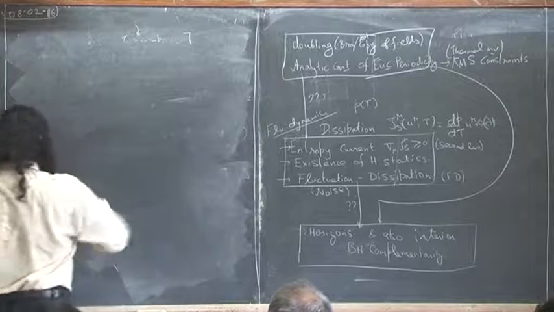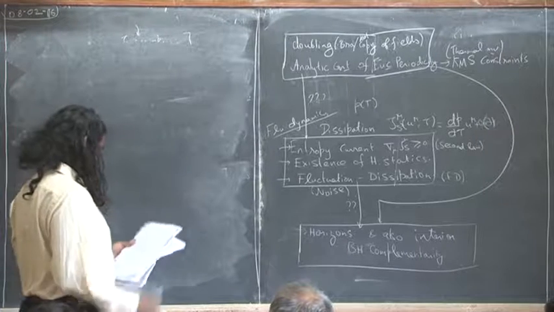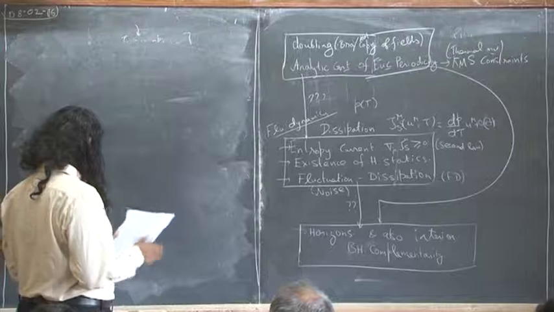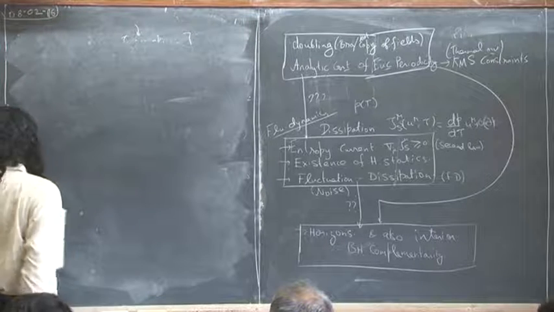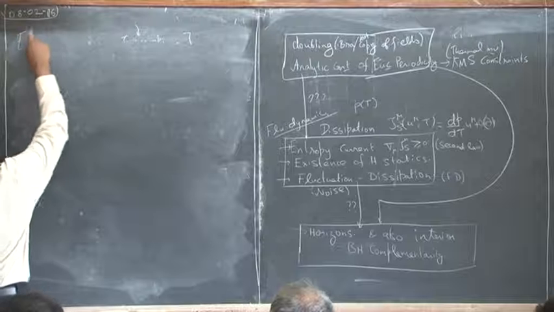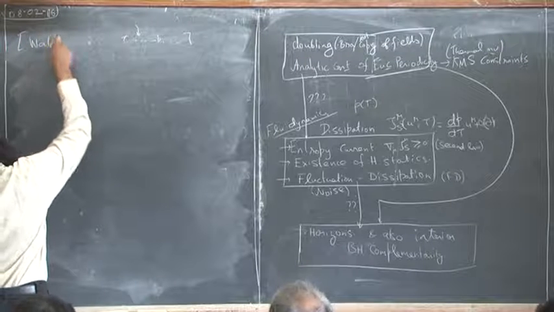Okay. So this is a set of results and the set of results continue. So then this especially is true for this thing. So let me also start with Wald.